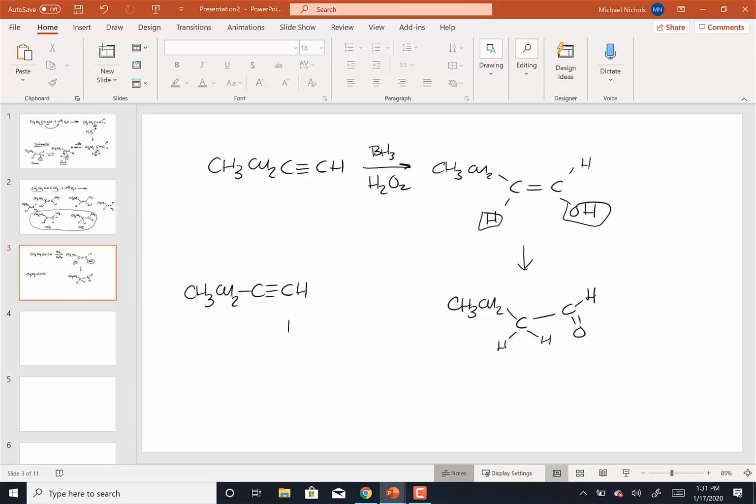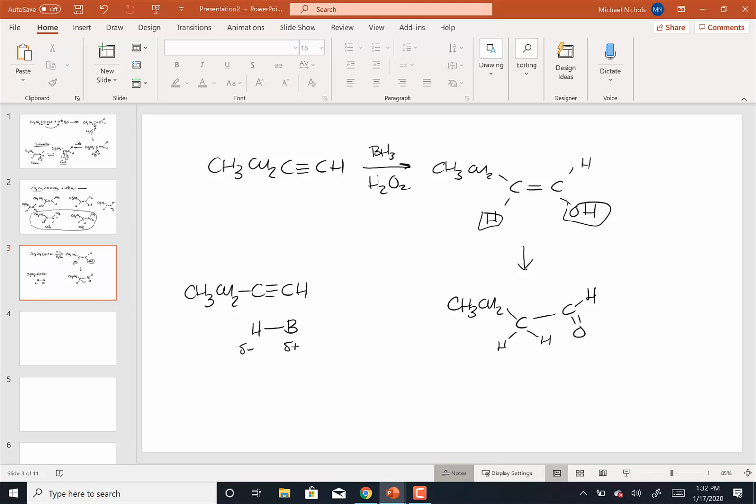Well, remember that the boron-hydrogen bond, the hydrogen is slightly negative and the boron slightly positive, because boron is one of those elements that's less electronegative than hydrogen. And so what we did was we added the B and the H at the same time to the double bond. Now I'm going to add it to the triple bond.